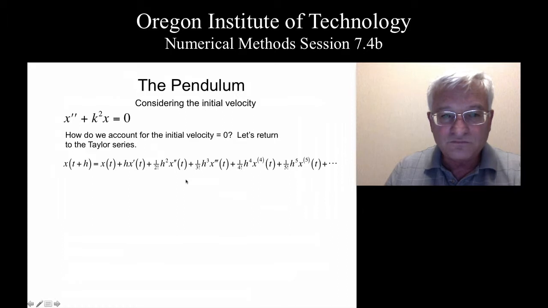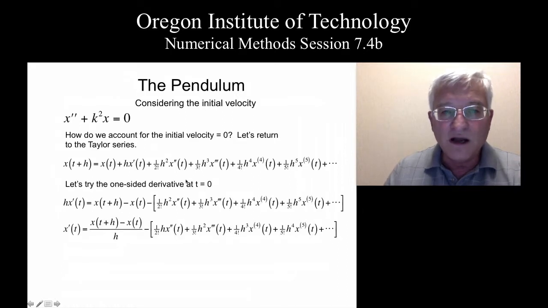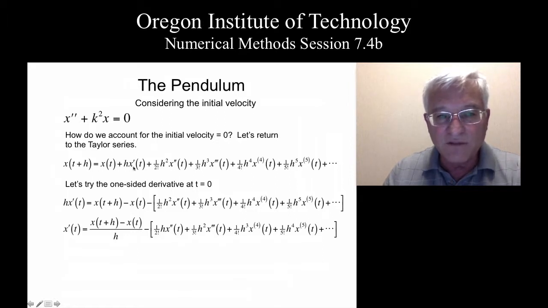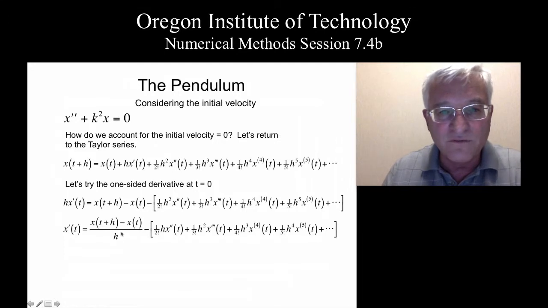That was good. And we also recognize that if we subtracted x of t from both sides of the equation, we get something that looks very much like the numerator of a derivative. And if we then divide everything by h, we'll end up with x of t plus h minus x of t divided by h. Well, that's our classic one-sided derivative formula.